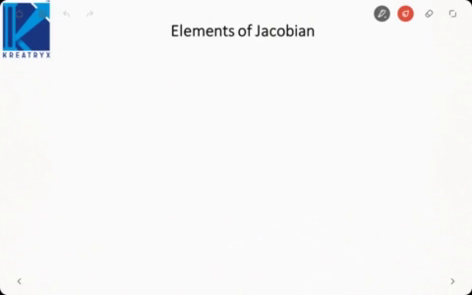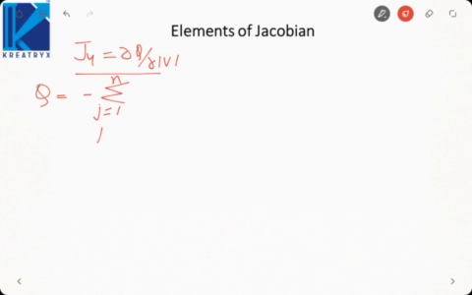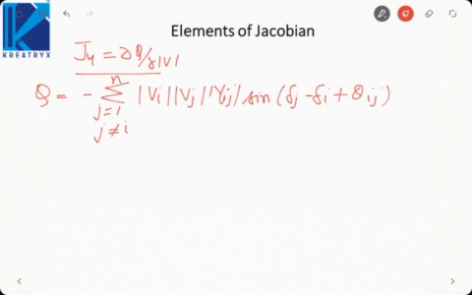Let me calculate the last element, that is J4, which is equal to ∂Q/∂|V|. Just now I wrote the equation of Q: minus summation j equals 1 to n, j not equal to i, |Vi||Vj||Yij| sin(δj − δi + θij) minus |Vi|² |Yii| sin(θii).